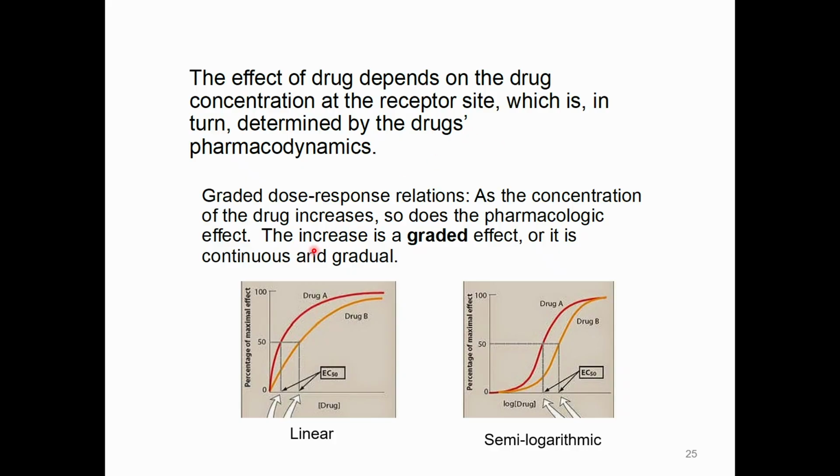One of the things that you'll see sometimes is that this is a graded effect. That means it's gradual. The word graded gets applied to a lot of these dose response curves, and that just means that it's a nonlinear effect mediated by small, graded, gradual changes in dosage.